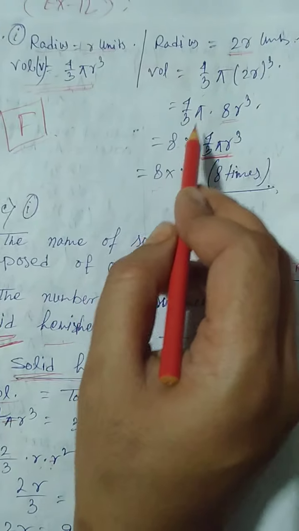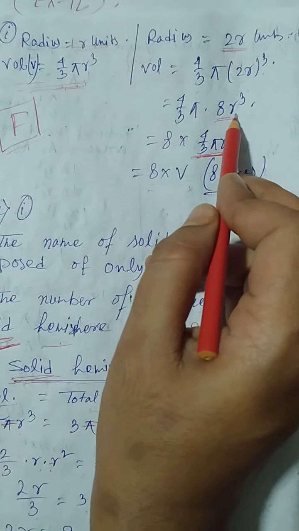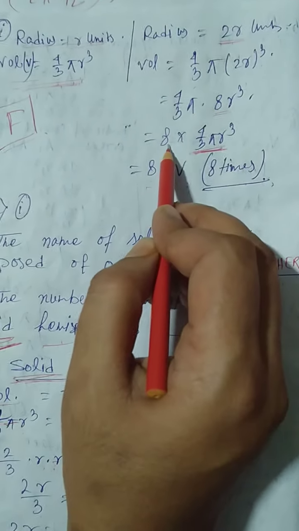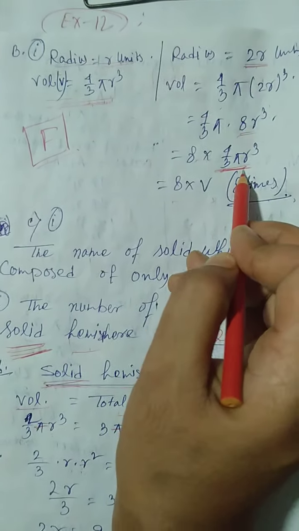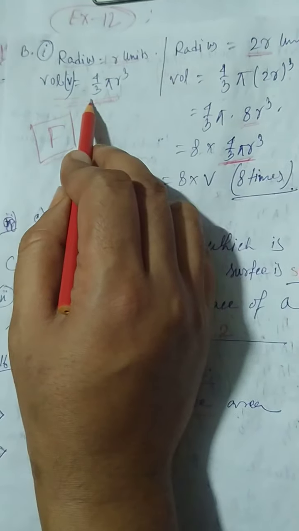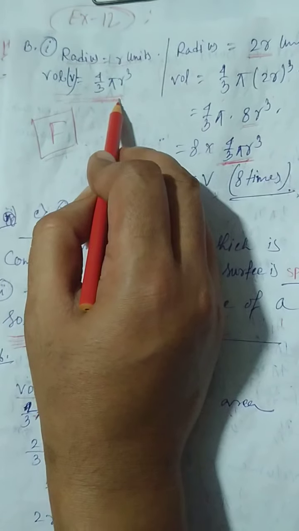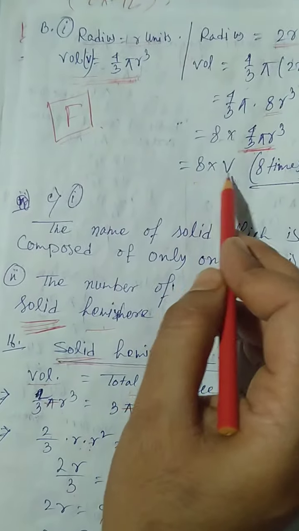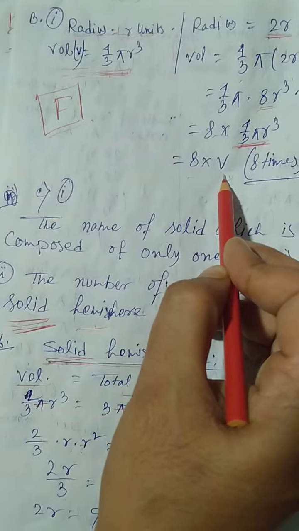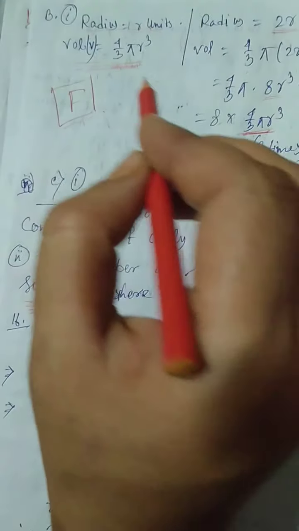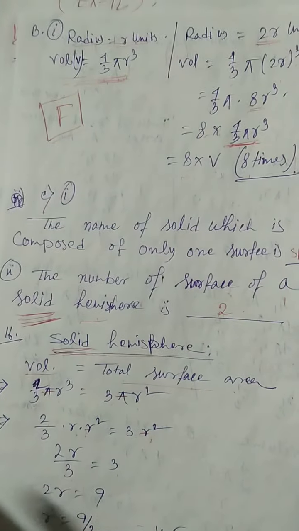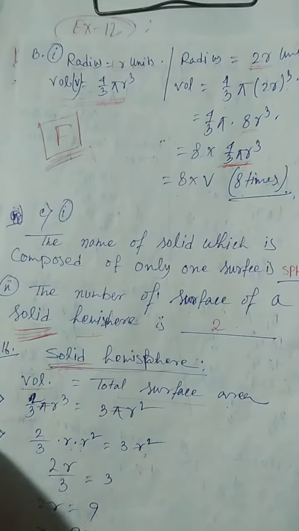So this equals 4 by 3 pi into 8r cube. If we take 8, so 8 into 4 by 3 pi r cube. 4 by 3 pi r cube is the previous volume of the sphere. So that is 8 into the previous volume. So this is 8 times the previous volume. But the statement given says 2 times the previous volume. So this statement is false.